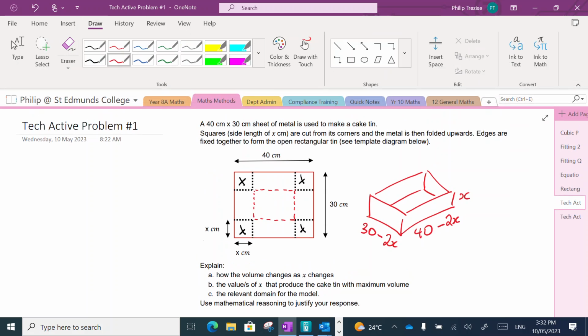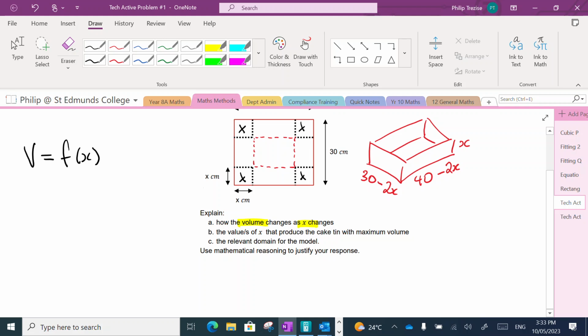Now we are supposed to discuss or explain how the volume changes as x changes. Effectively, they're asking us to think about how volume depends on x, in other words, V as a function of x.